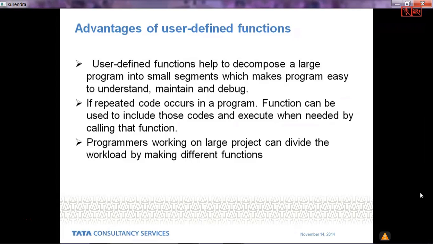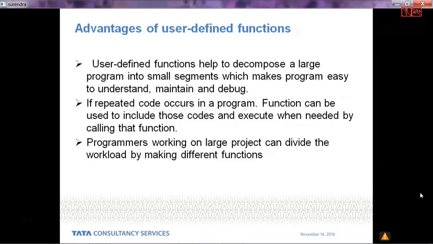Understanding, right, everyone? Programmers working on a large project can divide the workload by making different functions. Now, whenever one team is working on posting a message or posting an image, they will create one function, and for sharing the posted message, they will use a different function. Understanding, right, everyone?